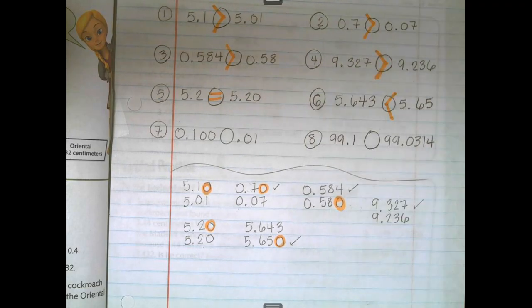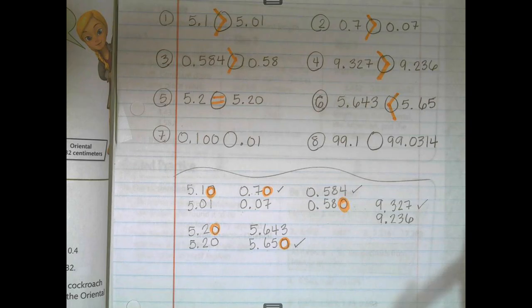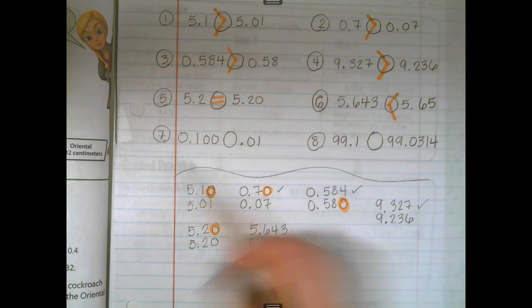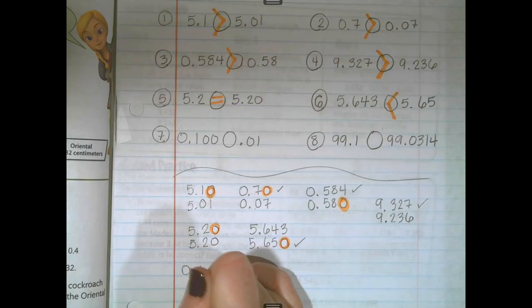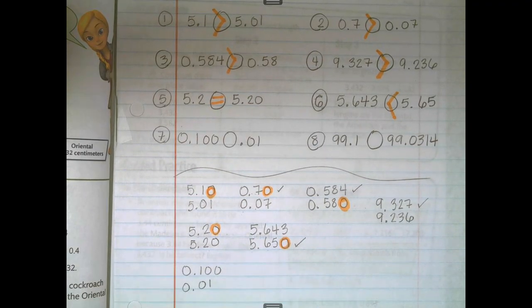All right, you should be getting the hang of this by now. We're stacking the decimals, using those place value holders to create the same number of digits behind the decimal point, and then we are comparing place value to place value, left to right, until we find a difference. All right, next we have 100 thousandths versus 100th.